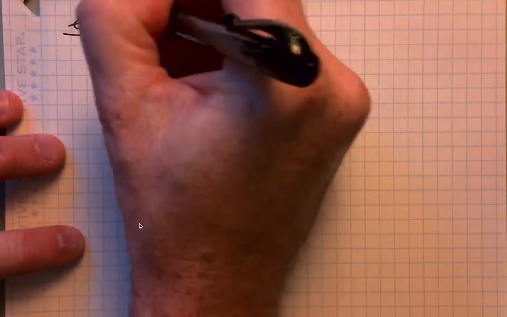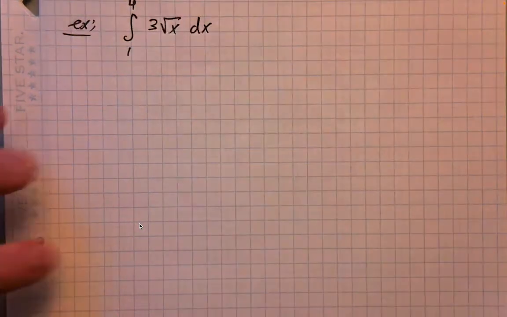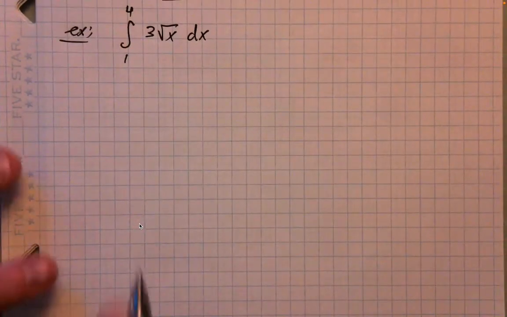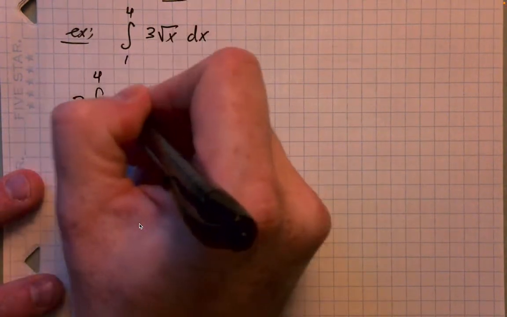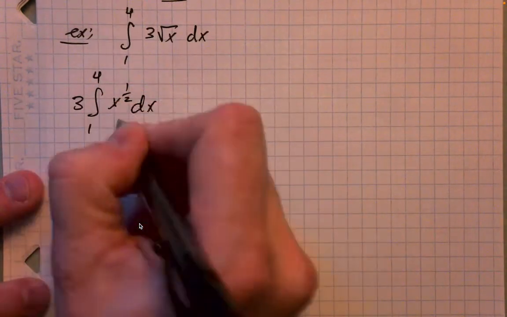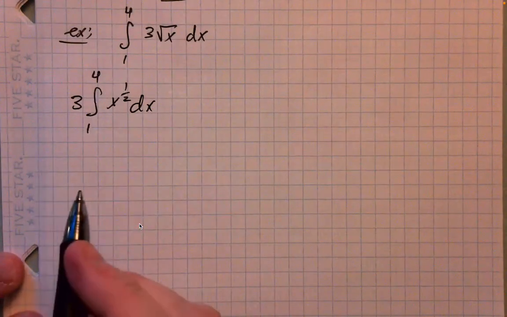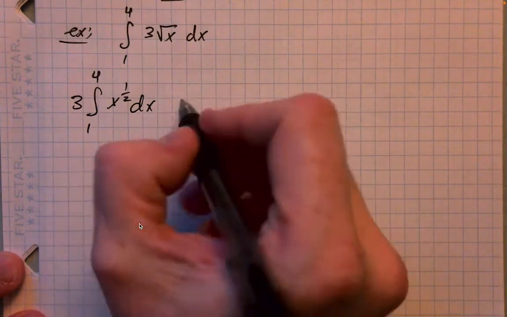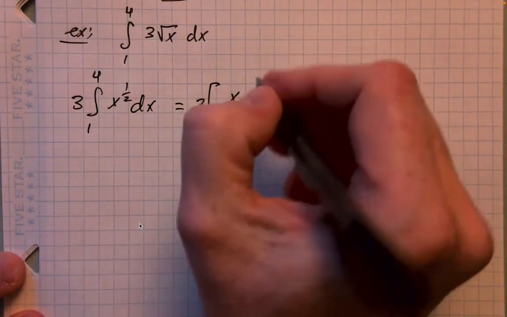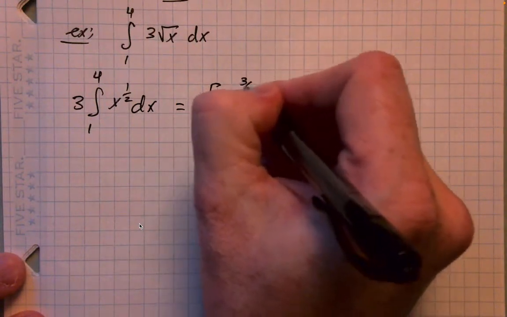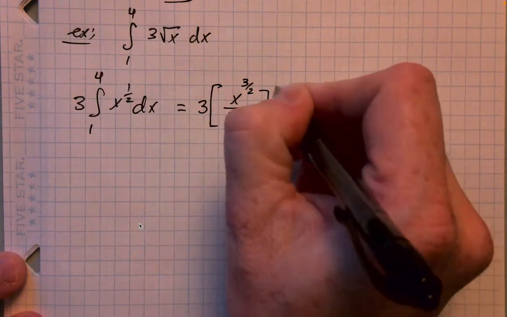Let's evaluate from 1 to 4, 3 times the square root of x. Okay. So similarly here, I'm going to pull out the constant, and then this is basically x to the power 1/2, which we can quickly evaluate. So this would be equal to 3 times x to the 3/2 over 3/2, evaluated from 1 up to 4, right?